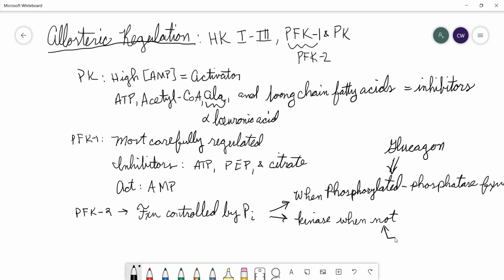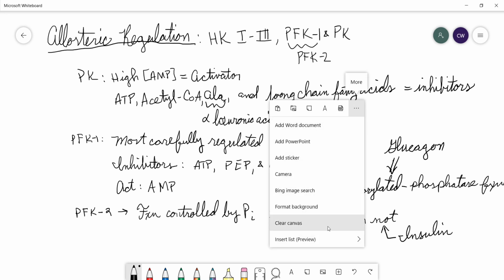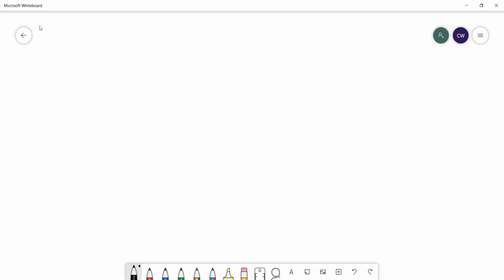This function is controlled by the hormone insulin. And that functions as an excellent segue to our other method of metabolic control, which is hormonal.